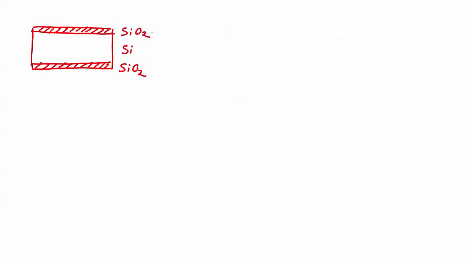Let me draw the last section of the last slide of the last module. I have a silicon wafer with silicon dioxide, which is called an oxidized silicon wafer. If there is SiO2 on silicon, it is called an oxidized silicon wafer.